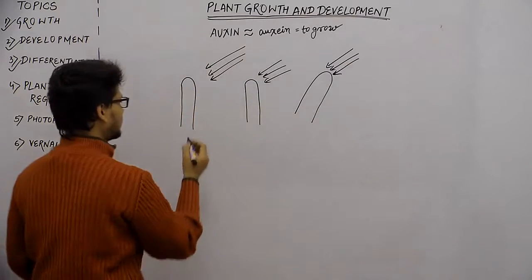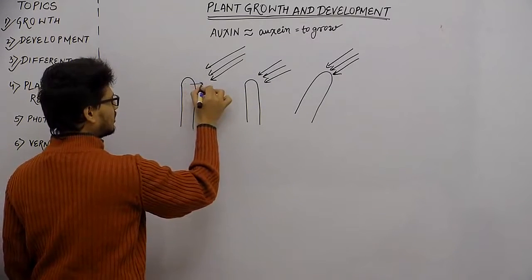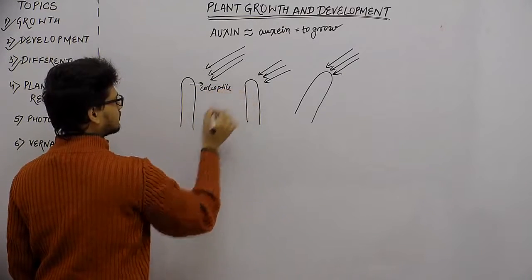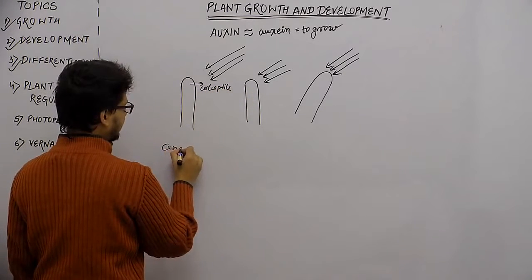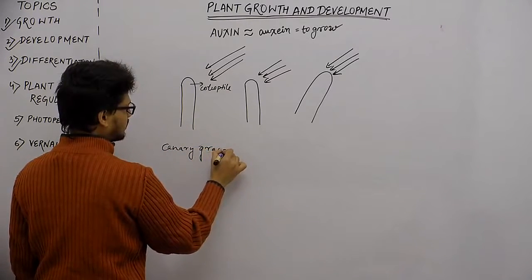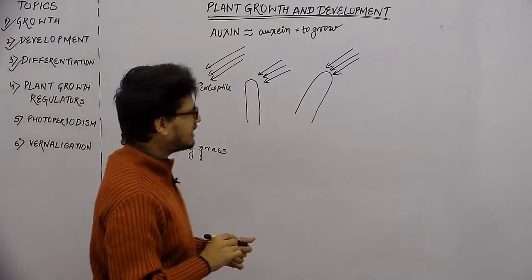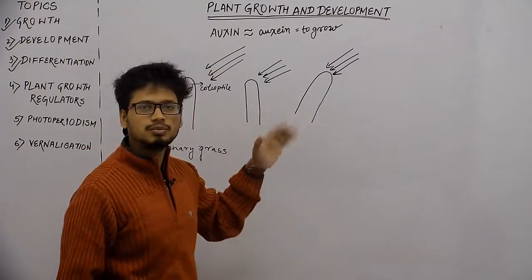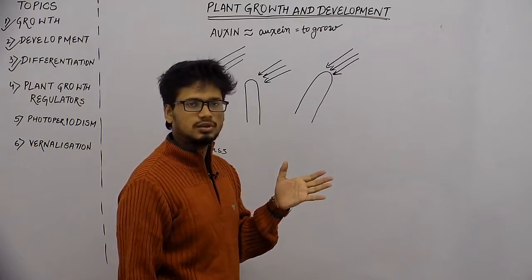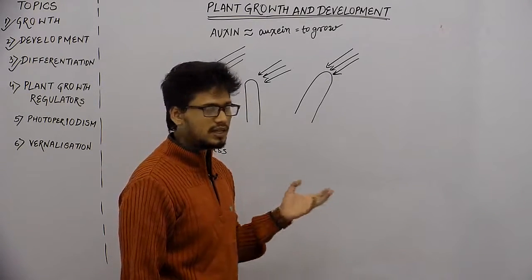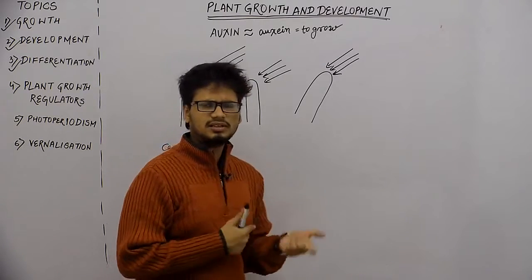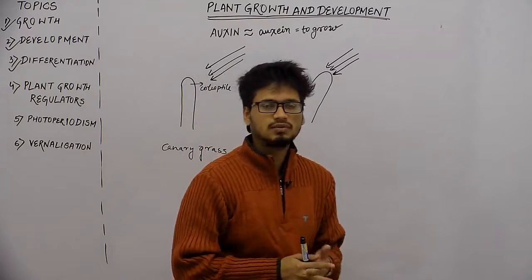This was the coleoptile, and this is the canary grass on which they observed this. So in the direction of light there was bending of the coleoptile or the tip portion of the plant of canary grass. So they thought there must be some chemical influences working here.